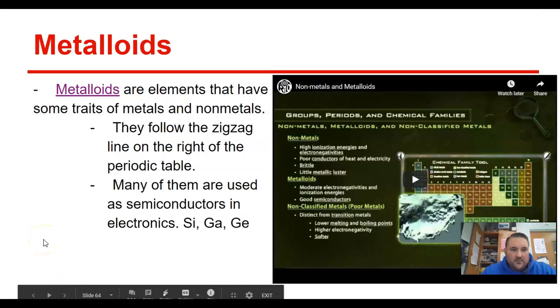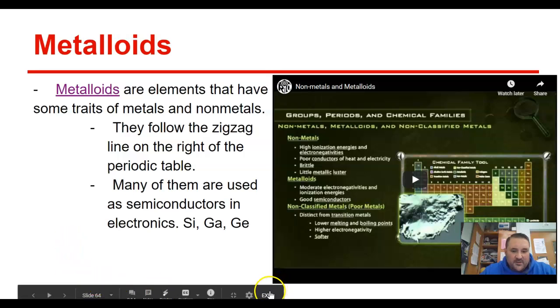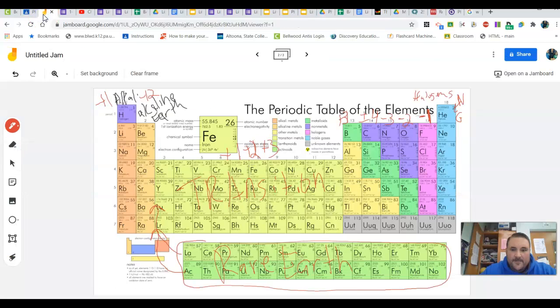Now, the metalloids are around the zigzag line in the middle of the periodic table. They are commonly used as semiconductors, especially in your electronics. You have silicon chips for all kinds of things. My metalloids, I get a different color here, are in this green. The most important metalloid right there, that one is silicon.